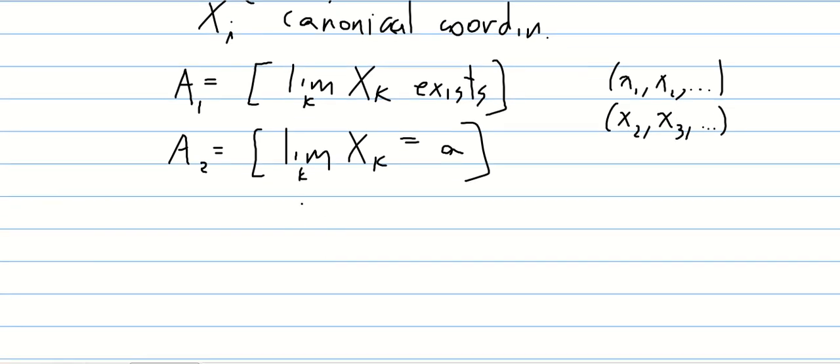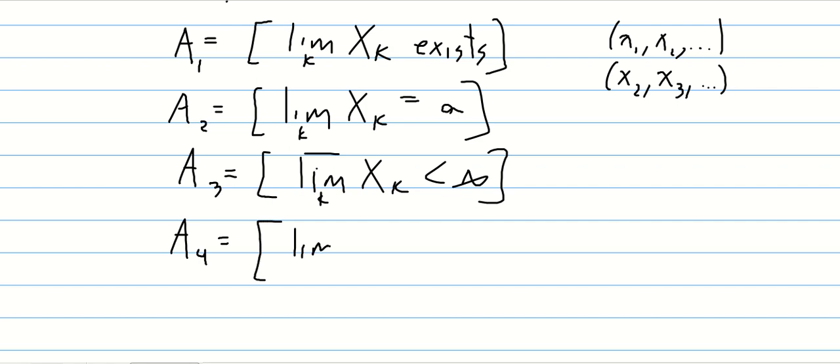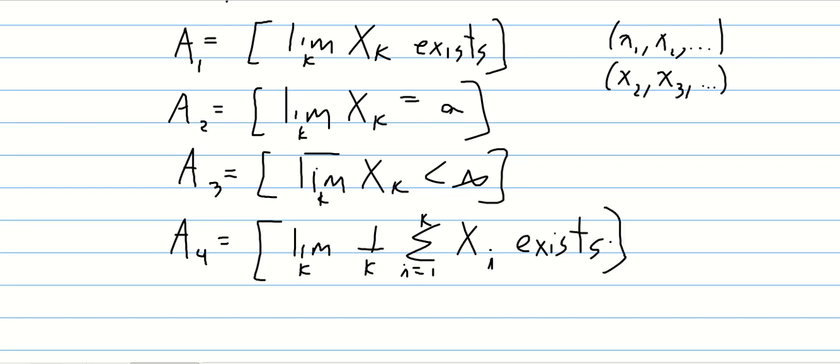And there are several examples like this. The lim sup in k of xk being finite, this is also an example. If you shift, you cannot make the limit become finite because of that. There are some less trivial examples, although it's still easy to prove: the limit in k of 1 over k times the sum for i equals 1 to k of xi exists. So the Cesaro limit of xi existing is also something invariant.